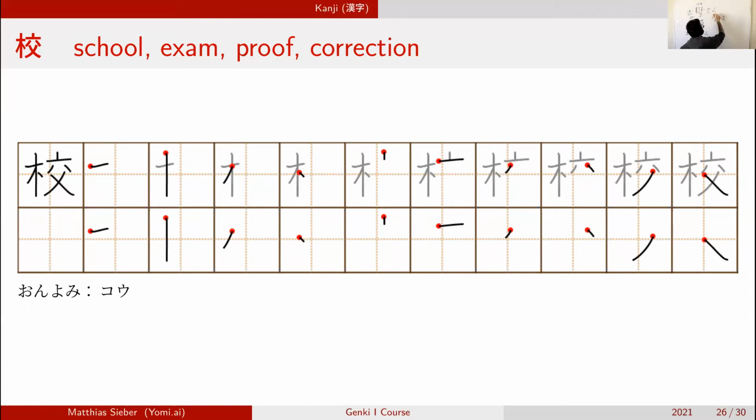Now this first kanji, which we already know from gakusei, is gak followed by a small tsu, and then this new one, ko, gakko, and that just means school.